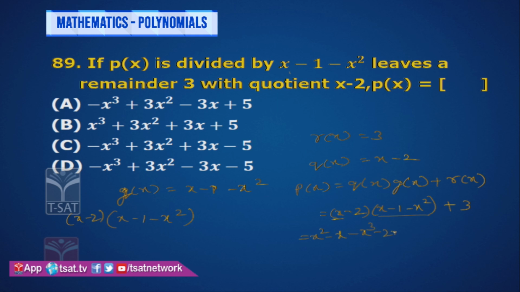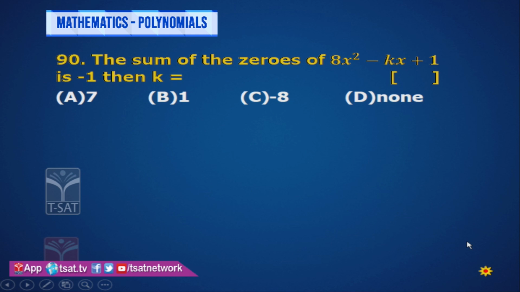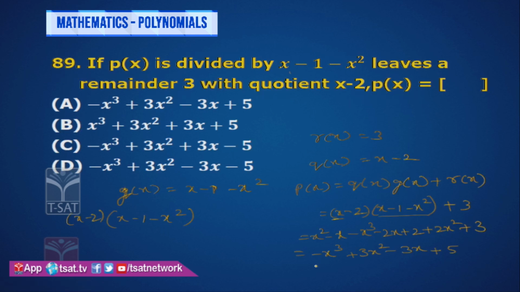Minus 2 into x is minus 2x, minus 2 into minus 1 is plus 2, minus 2 into minus x square is plus 2x square, plus 3. So you will get minus x cube plus x square plus 2x square, minus x minus 2x, plus 2 plus 3, which is 5. So, minus x cube plus 3x square minus 3x plus 5. Where is it there? So, the first option A is the correct one.